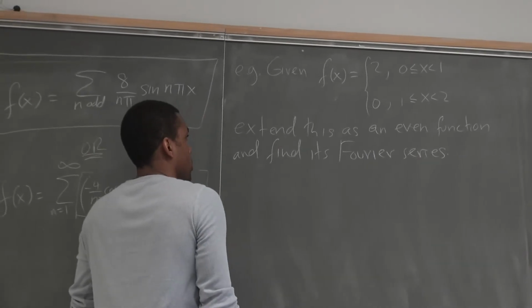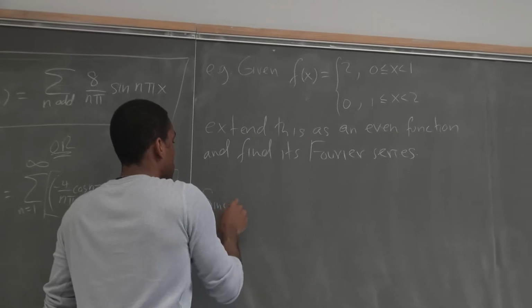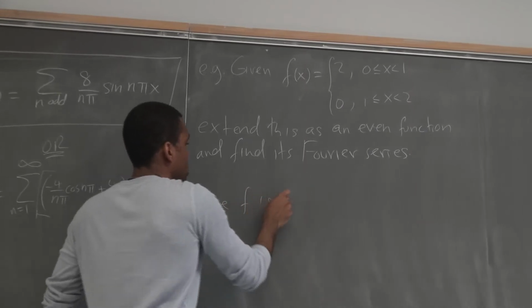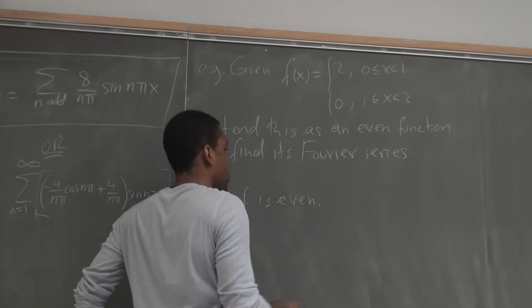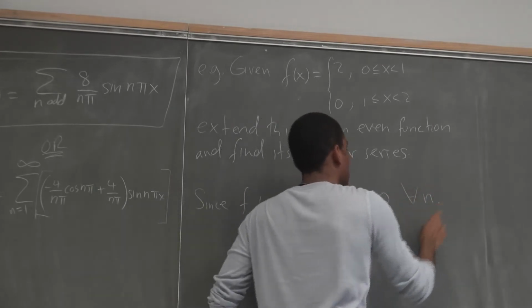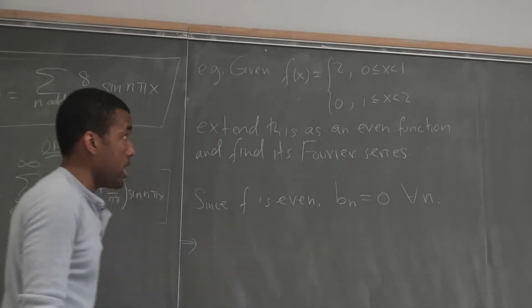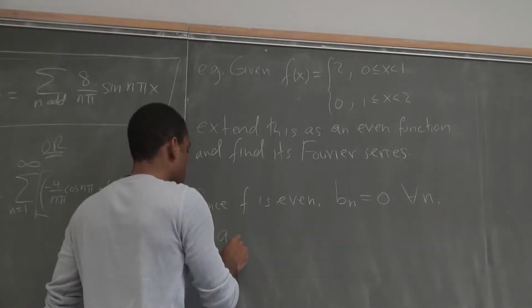So, let's do this. Since f is even, bn equals 0 for all n. Now we only have to worry about the a's. So let's start with a0.